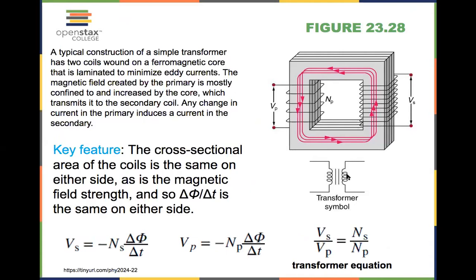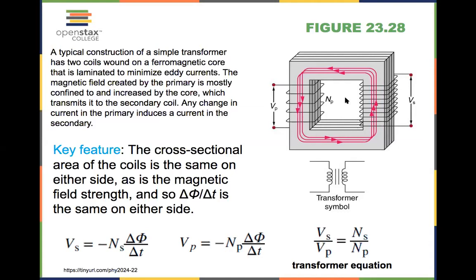Basically, you can supply electric power into the primary over here. There's some number of turns of coil here, and then there's a different number of turns of coil in the secondary.